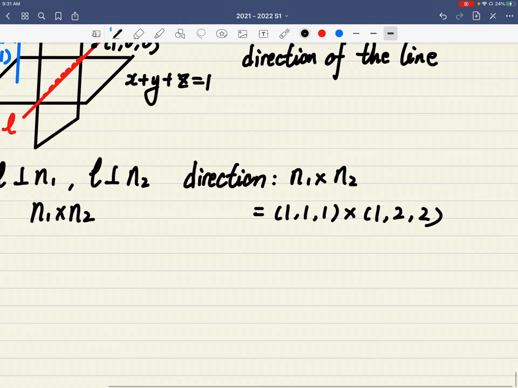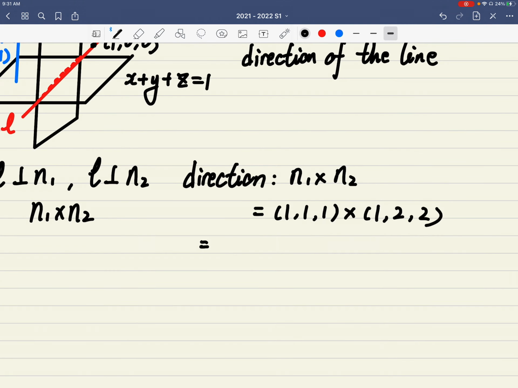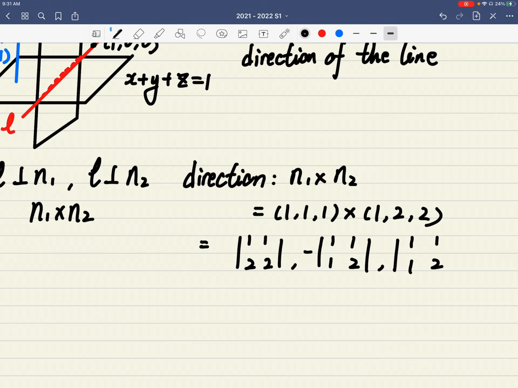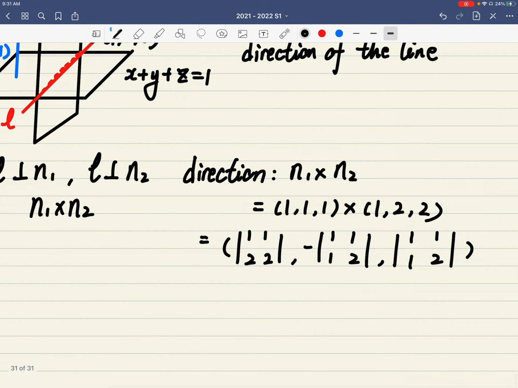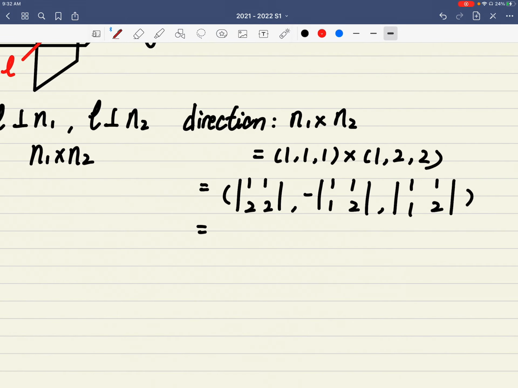Okay, let's just write it down. So it's the 2 by 2 determinant of 1, 1, 2, 2, negative the determinant of 1, 1, 1, 2, and positive the determinant of 1, 1, 1, 2. Okay, so this part is the product of this minus the product of this.